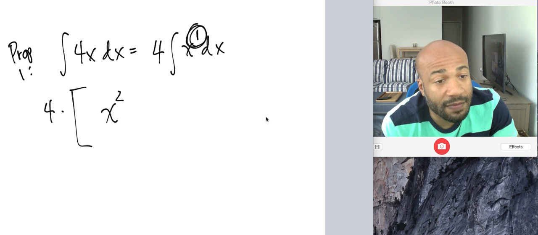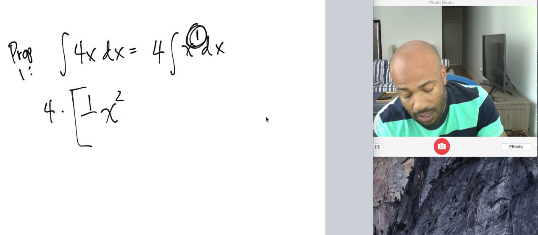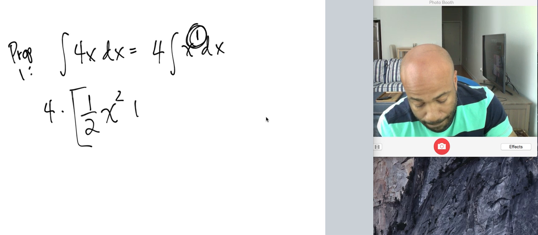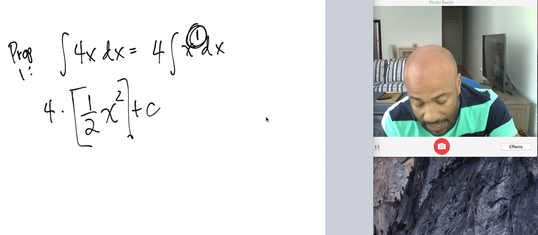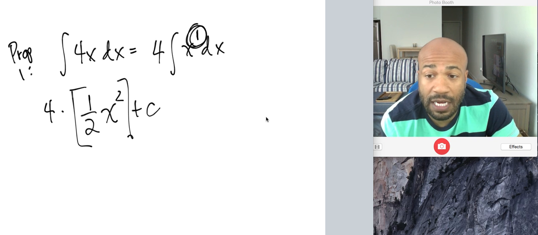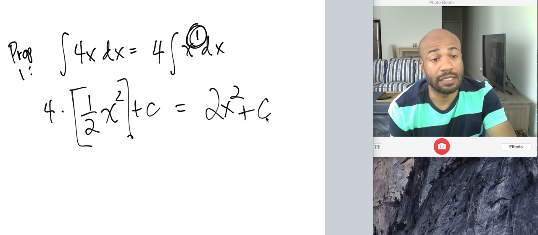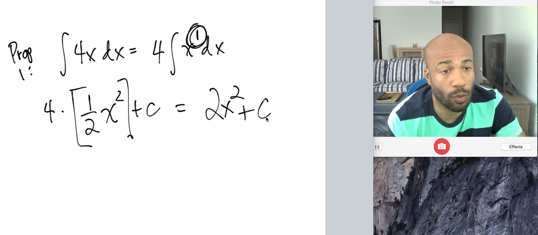As soon as I have that power, I'm going to take the reciprocal, flip it to a fraction and have 1/2. And then I'm going to add my constant. So now let's do some simple math. 4 times 1/2, through cross cancellation, you get 2x squared plus c. So the antiderivative of 4x is 2x squared plus c.